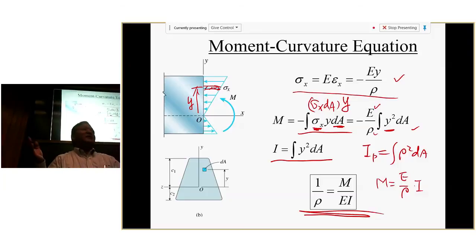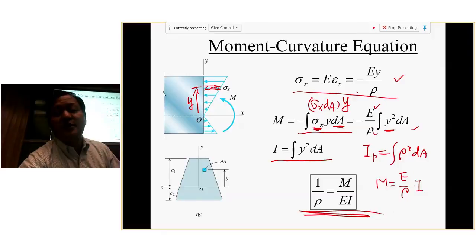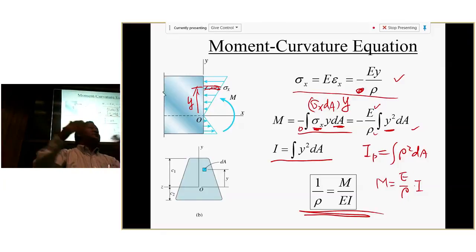Where does the negative sign go? Why does the negative sign disappear? Because sigma has a negative sign here, and there's a negative sign here, so they cancel out. I'm not forgetting it, they just cancel out. That's why they disappear.